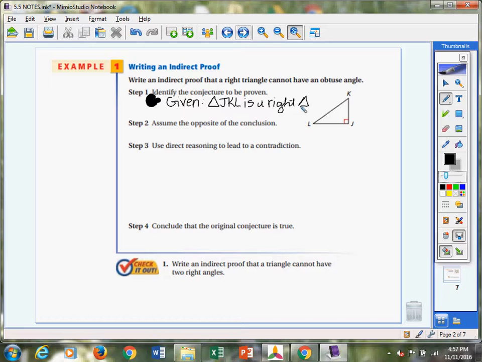And the second thing, our proof in this particular case is going to be that triangle JKL does not have an obtuse angle.